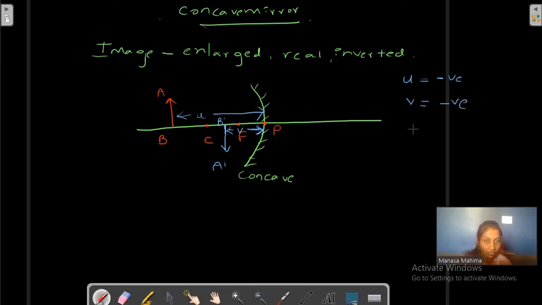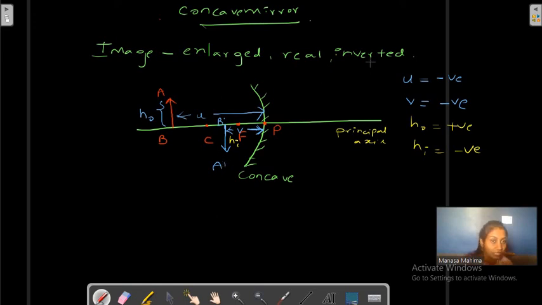And what else? This is the height of the object, I will take it as HO, and this is the height of the image, HI. This is the principal axis. Since HO is above the principal axis, we have to consider it as positive, but HI is negative since it is below the axis.